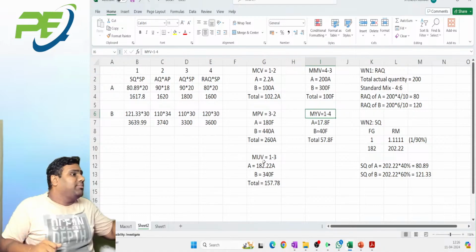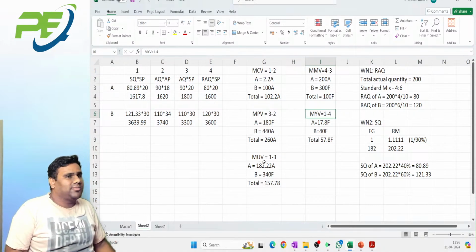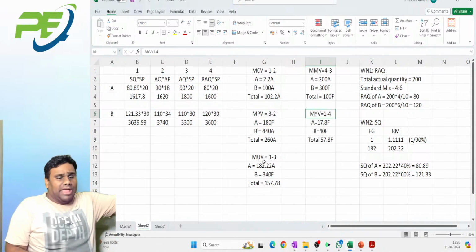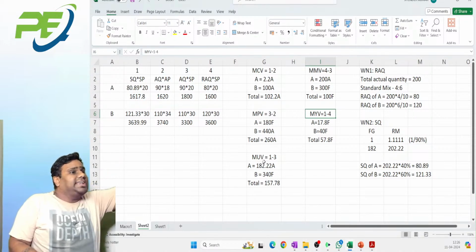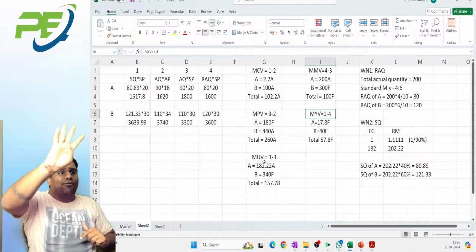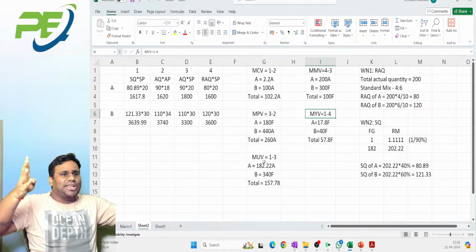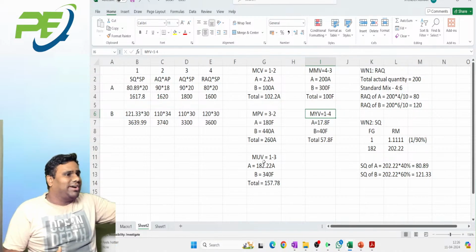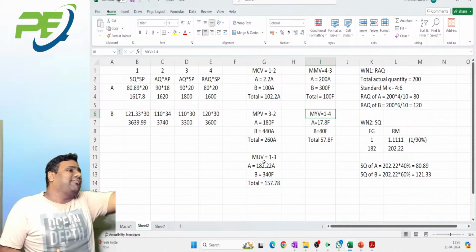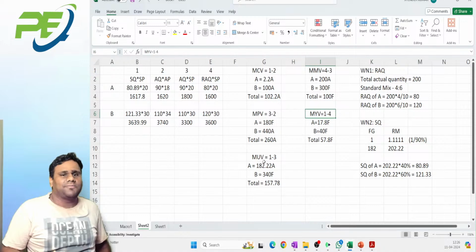Mix is the same. First column is standard quantity in standard mix. Fourth column is actual quantity in standard mix. So the mix is the same, and the difference is the quantity.